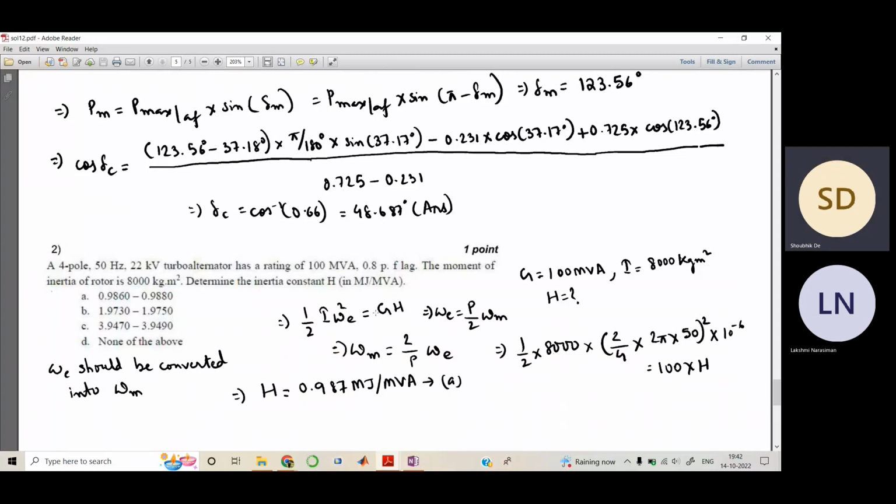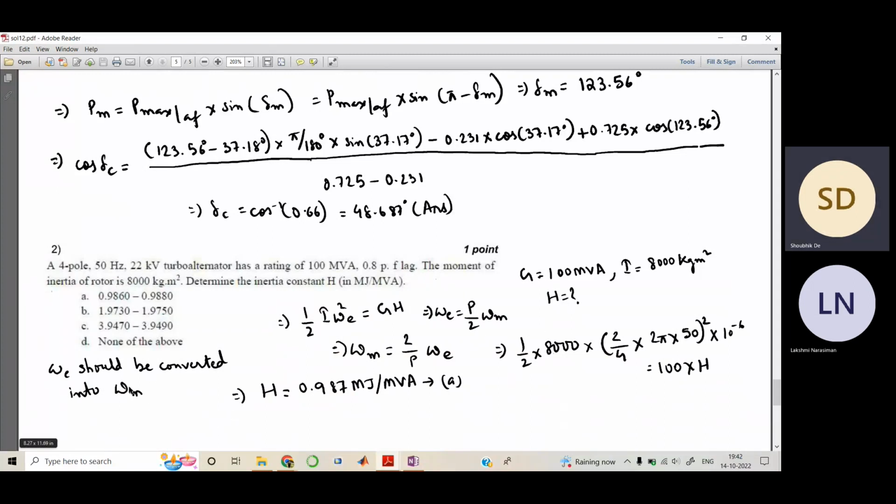Kinetic energy is also equal to half into I into omega square. Be careful, this is omega electrical, the electrical angular velocity. But since this is a rotor, a mechanical part, we have to consider the mechanical angular velocity for this kind of problem.